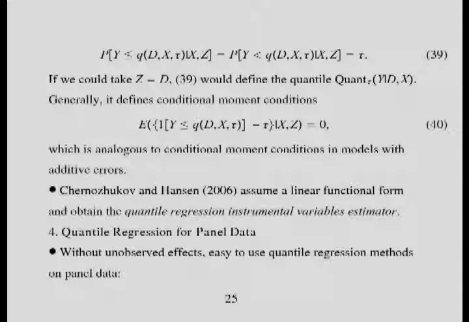Actually, it's easiest to see down here. One way to think about this is, they're trying to estimate this function Q. Now it depends on observables D and X. Of course, it's a function of tau because we've chosen the quantile. This is the indicator function.